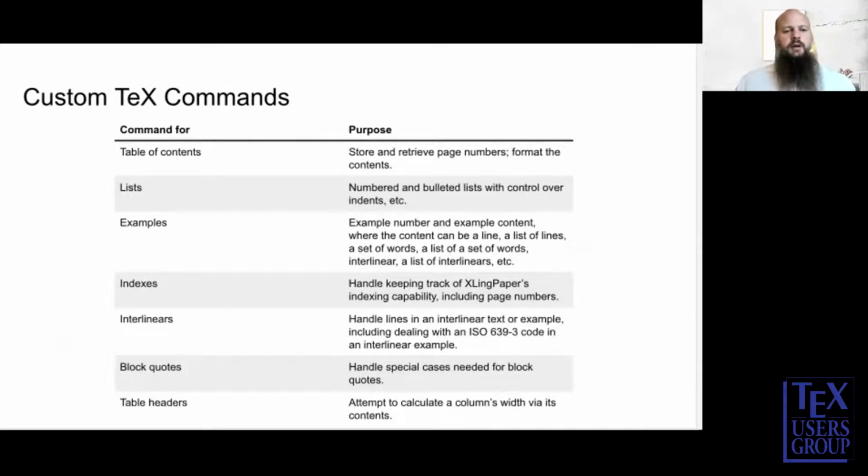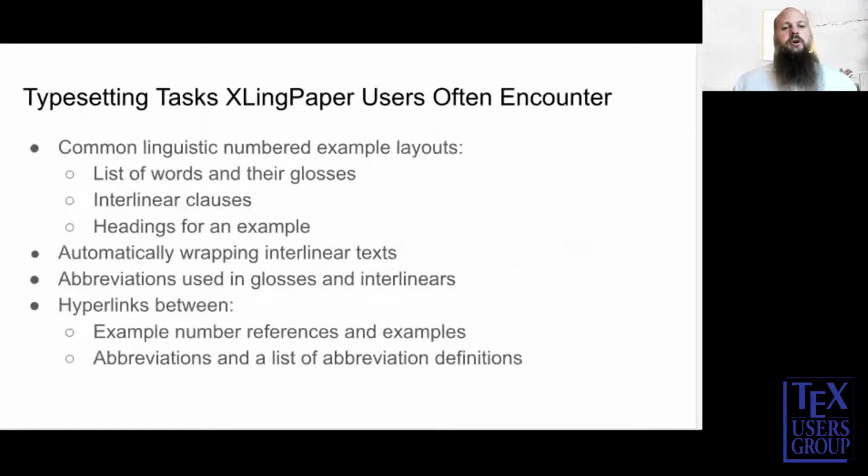And I think one of the important things to discuss and present is the typesetting tasks that XLingPaper users often encounter. So are we doing formulas? Are we doing language trees? What are the common kinds of tasks?